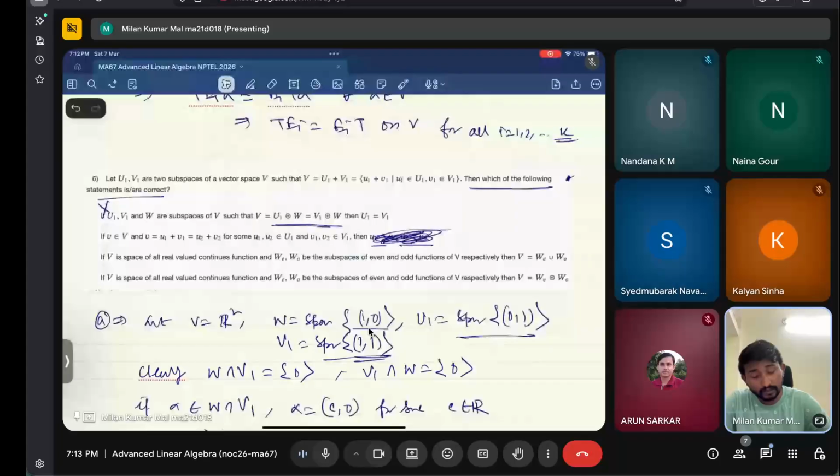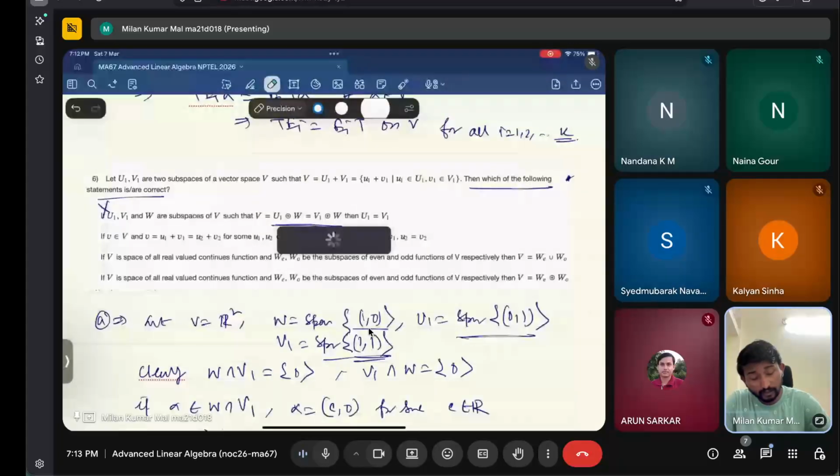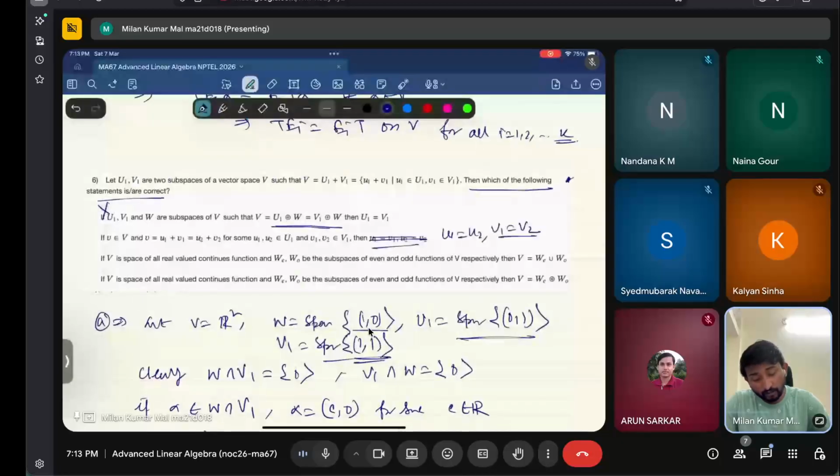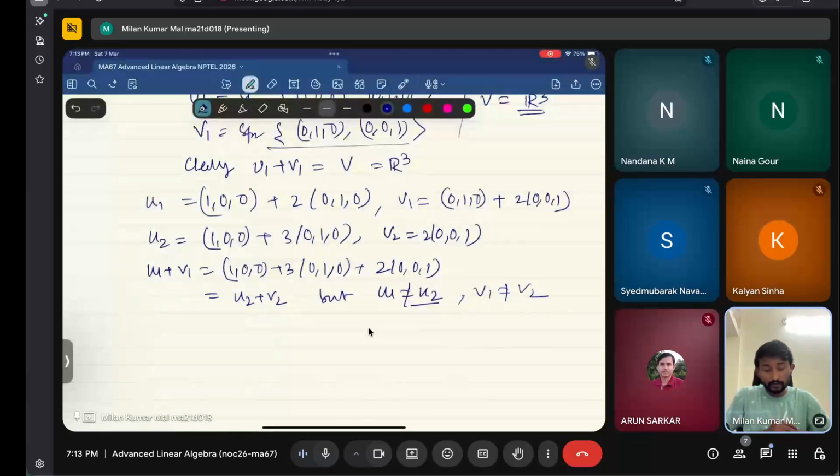Clearly u1 is not equal to u2 and v1 is not equal to v2. So that's why the second option is also incorrect. Okay, now let's go to the third option.